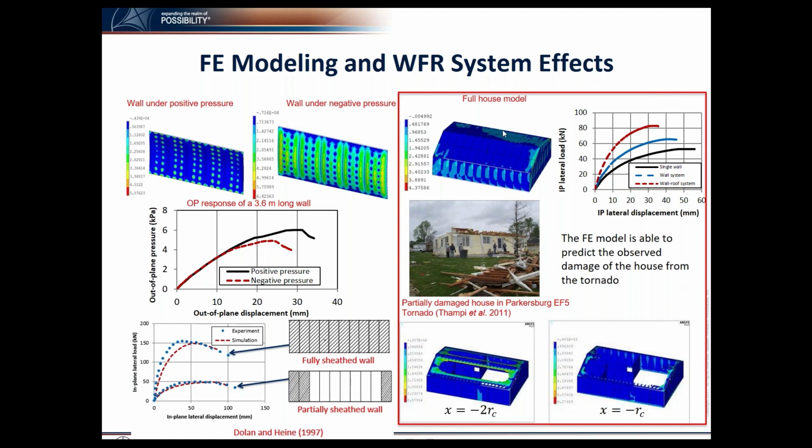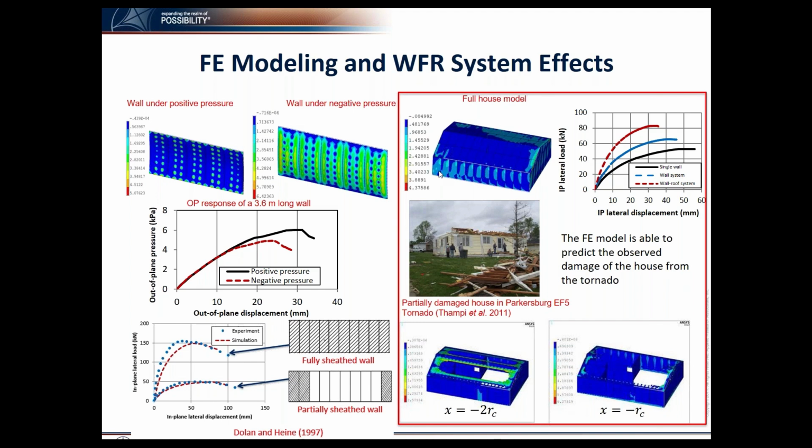We also developed a full house model to get how much additional strength we get from a wall model. Since we know when the wall and roof systems are present, walls have much higher resistance than the single wall.